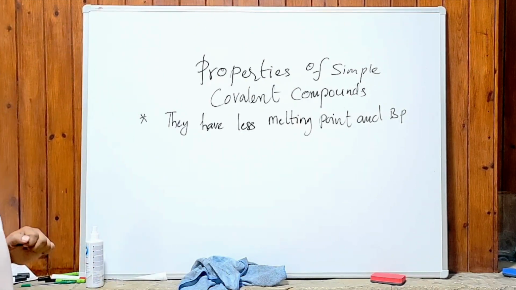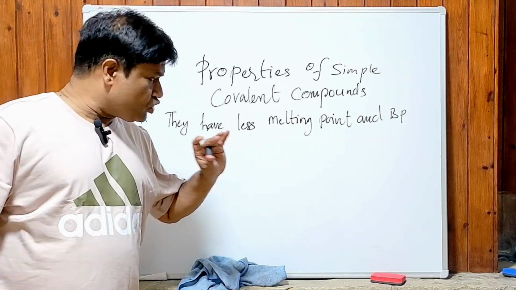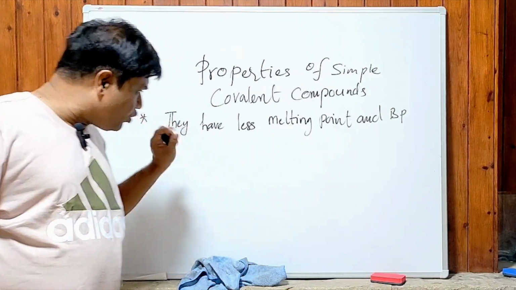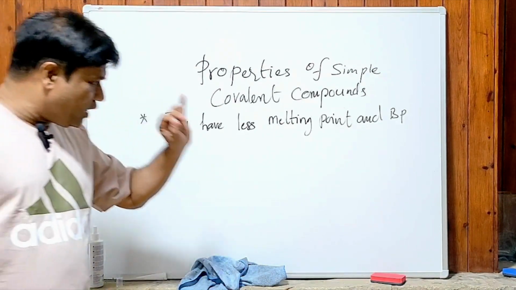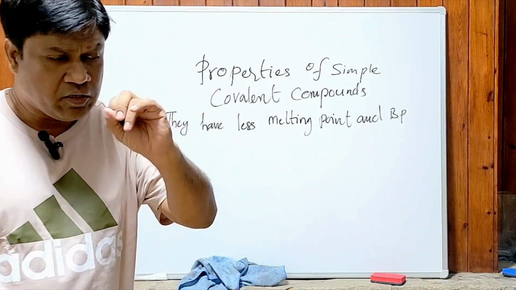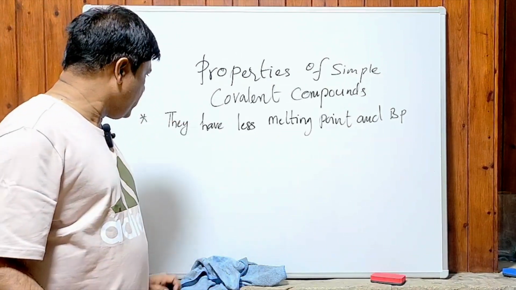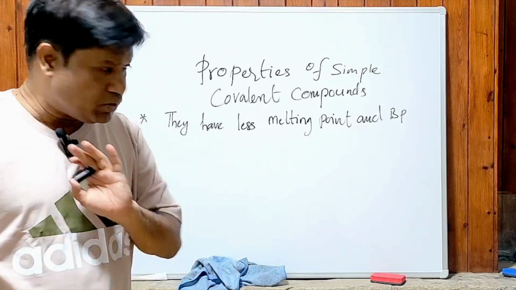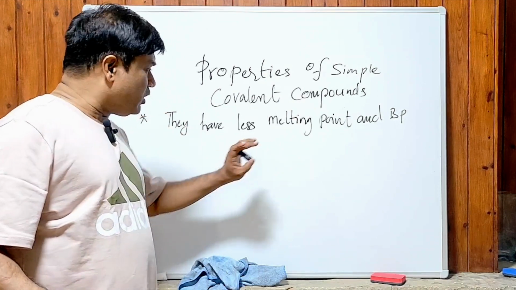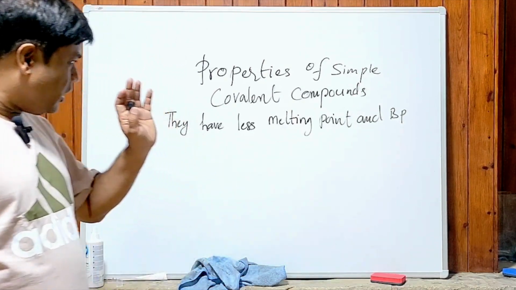Now, solubility. In general, I'm not talking about polar and non-polar yet. In general, they are not soluble in water. They are insoluble in water. We will discuss polar and non-polar later on.